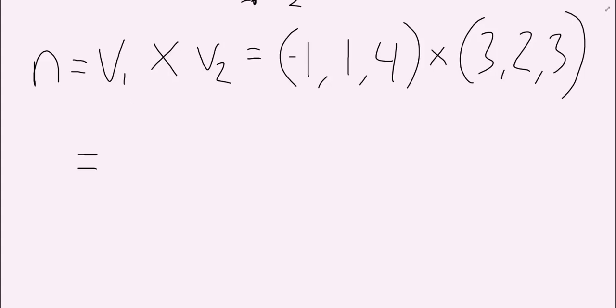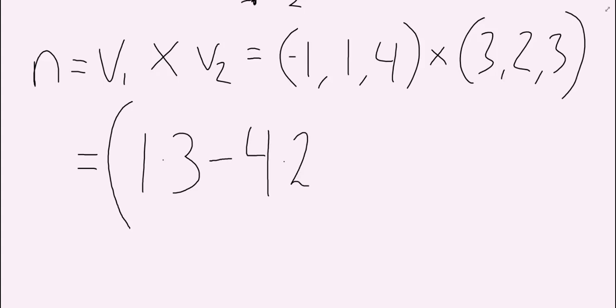So for the x coordinates in the resulting vector, we would take the y coordinates of the first vector and multiply with the z coordinates of the second vector, minus, and then we take the z coordinates of the first vector, multiply those with the y coordinates of the second vector. Here we have what will be the x coordinates of this resulting vector.